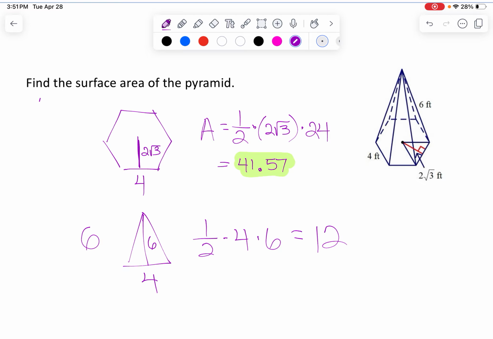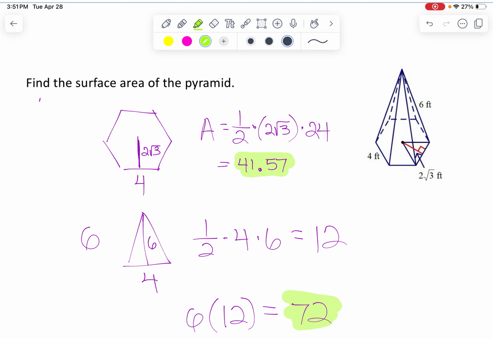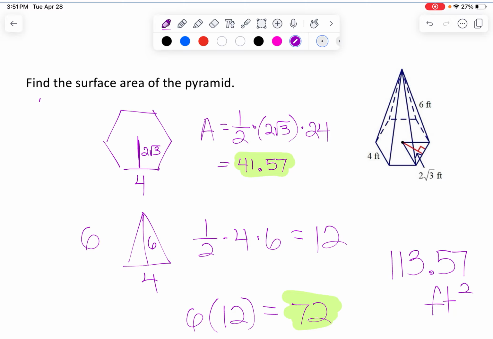Now we've got 6 of those, so 6 times 12 gives me 72. Those are all the triangles, the 6 triangles added together. Now I want to add those 2 together, and that's my answer. That would be 113.57 square feet is the surface area of that hexagonal pyramid.